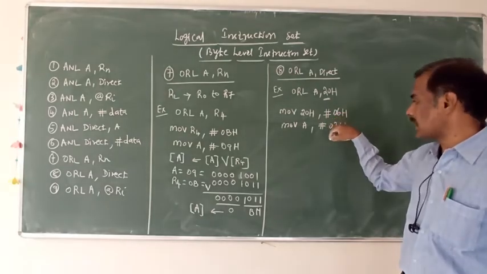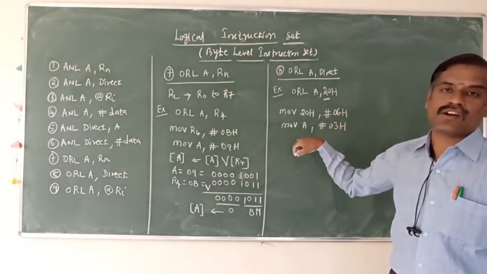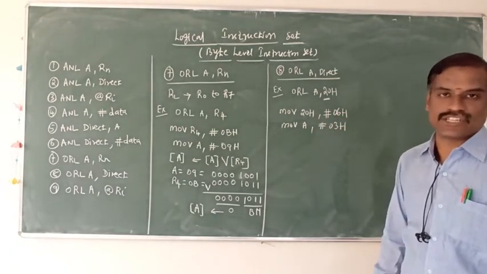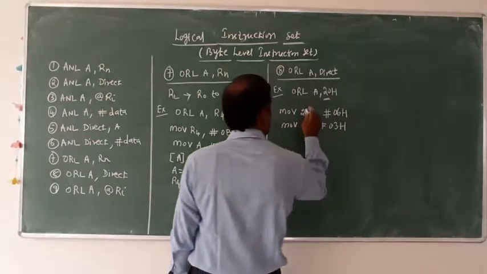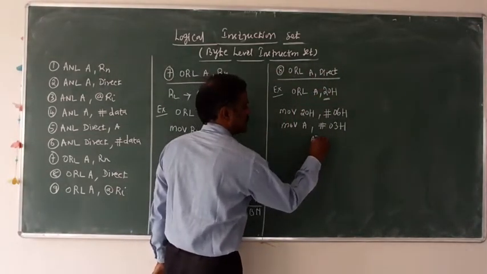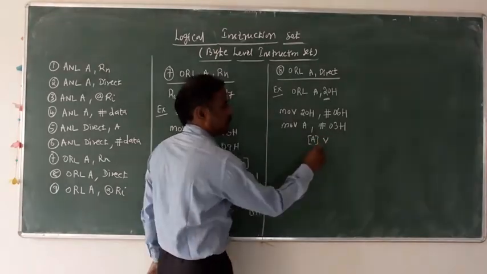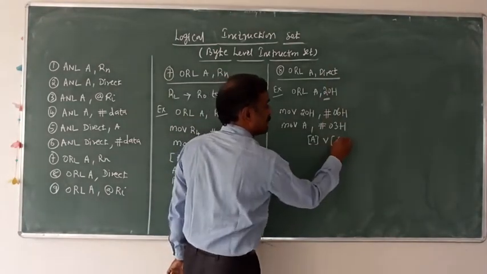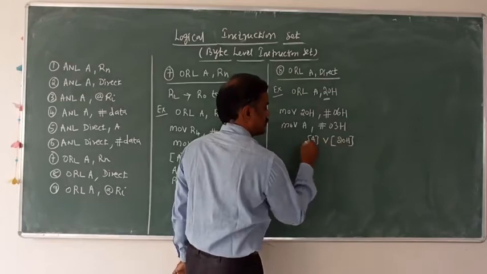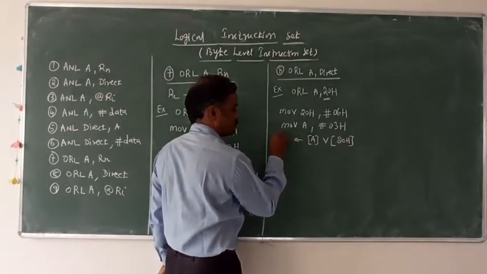Now logically OR these two, and the result always moves to the A register itself. The accumulator is logically ORed with the direct memory address location data, and the result moves to the A register.